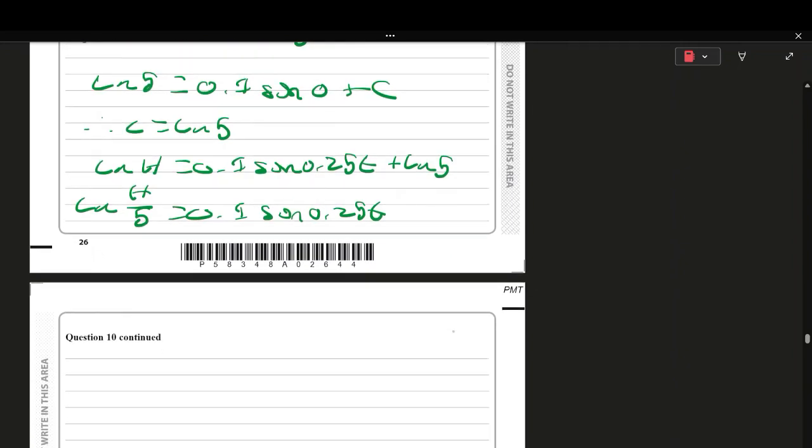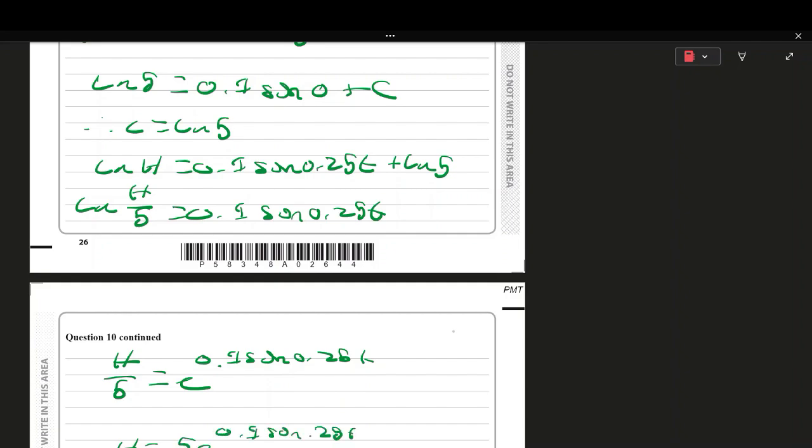If we put everything to the power of e, we get h over 5, since the lns cancel, equals e to 0.1 sine 0.25 t. Then times 5, we get h is equal to 5e to 0.1 sine 0.25 t. And that is done for part A.